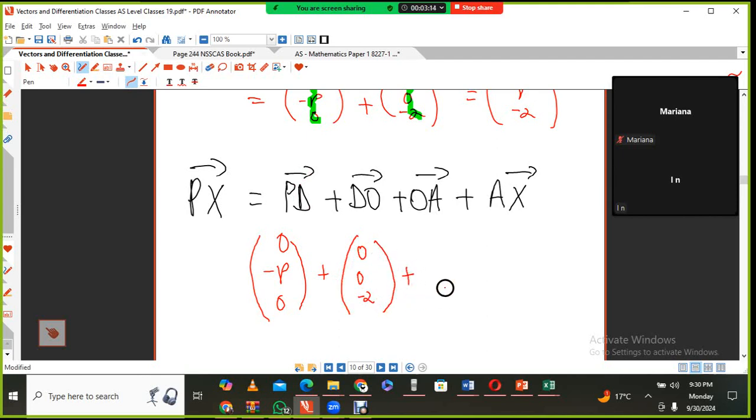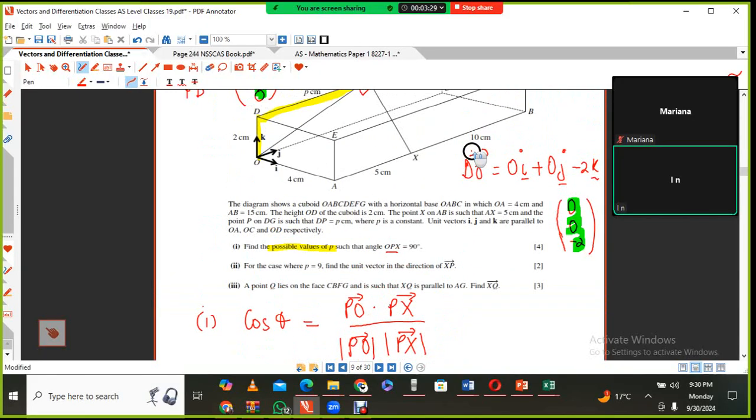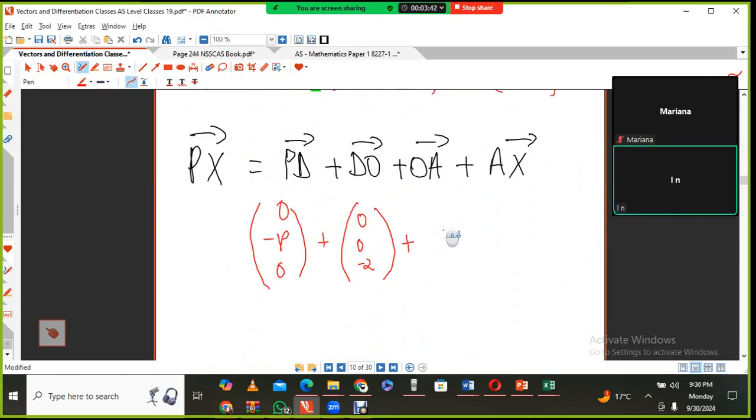What is OA? I go to the diagram. O to A, there's only an I value, there's no J, no K value. So you are going 4, 0, 0. Okay, so that's 4, 0, 0. What is AX?